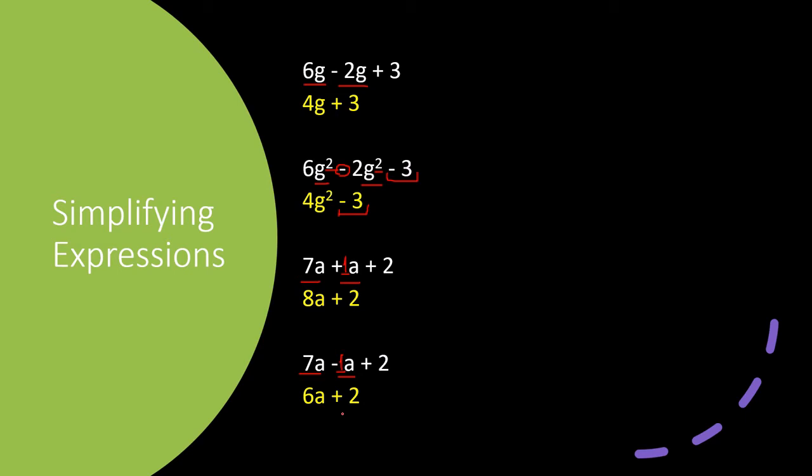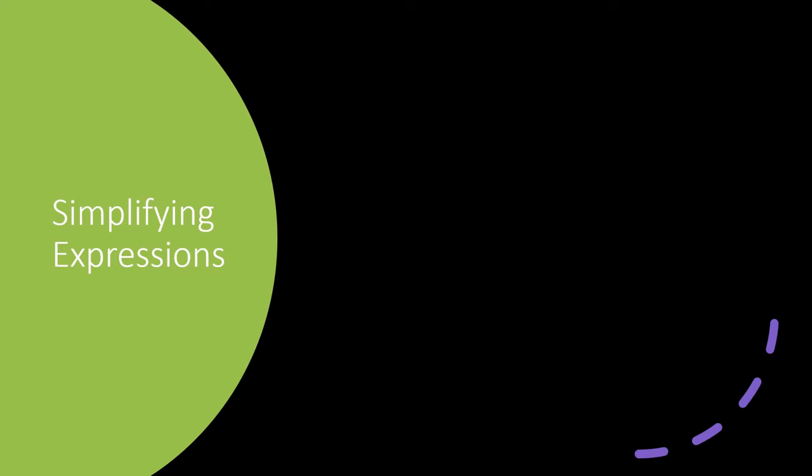Let us look at some other examples. I believe I have some more for you. Okay. So right here, this is the mother of all expressions, and we're going to have to simplify this by combining like terms. So do I have any like terms in here? Yes, I have the 6a and the 2a, and I also have the 4b right here and that 2b right here.